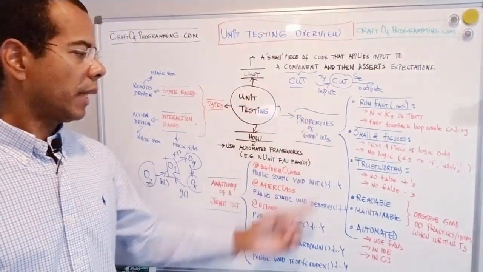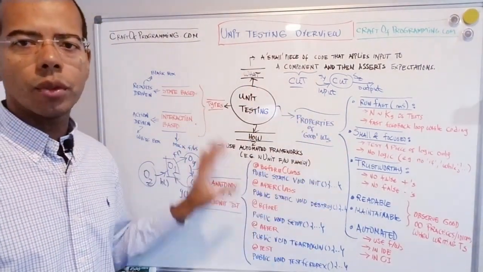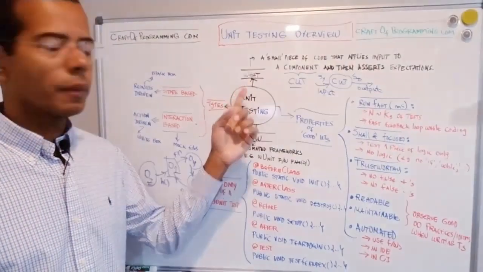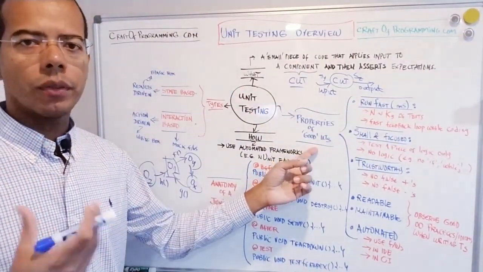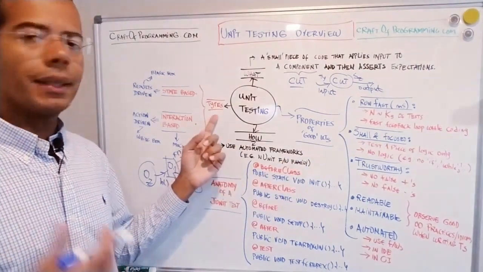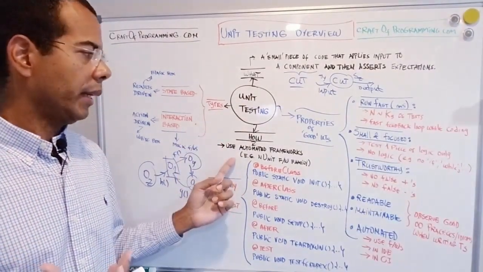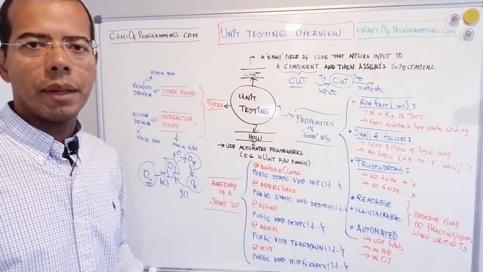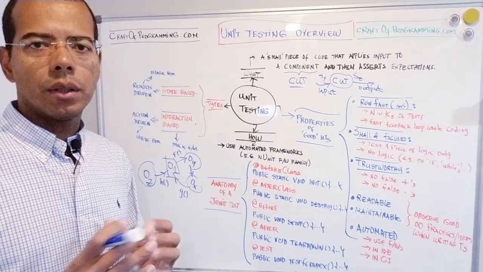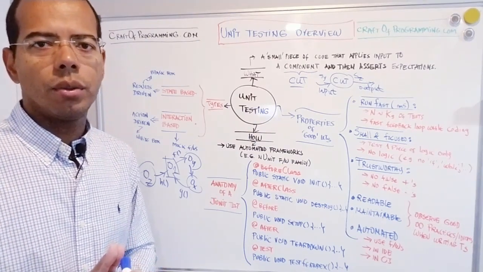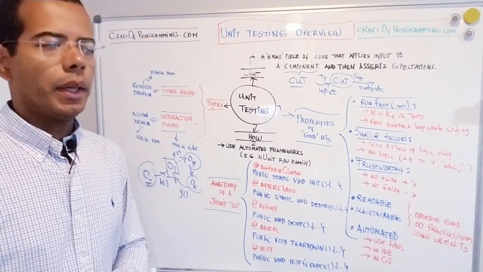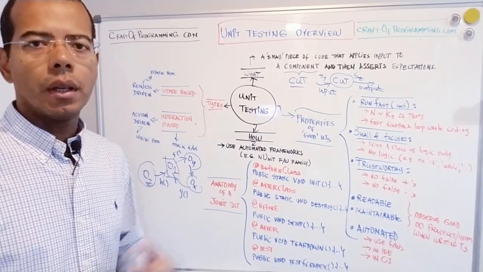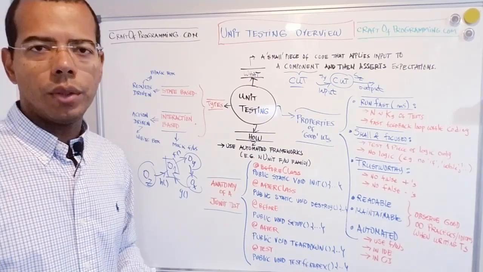Now that we have this good conceptual framework of what a unit test is, what the properties of good unit tests are, what the types of unit tests are, and how they are implemented or supported by frameworks, we are in a good position to dive into code and get into the implementation details of JUnit.